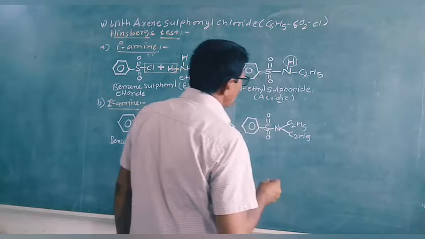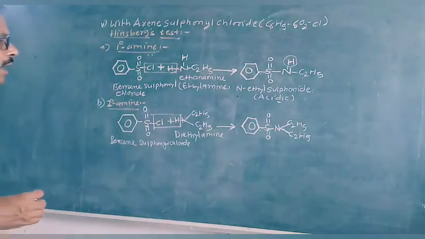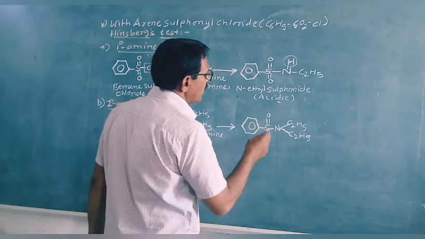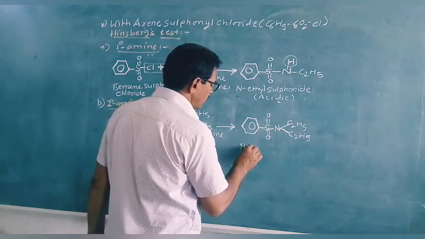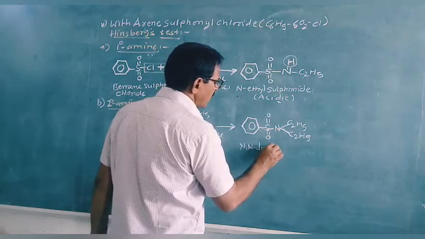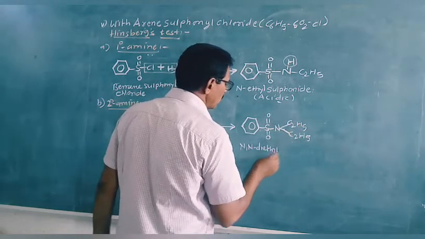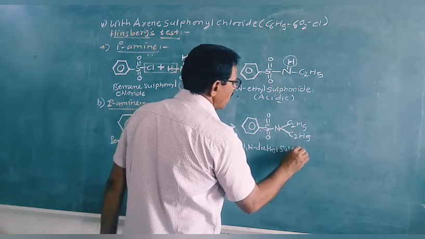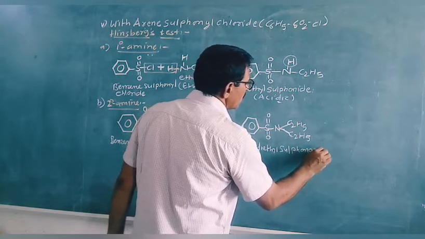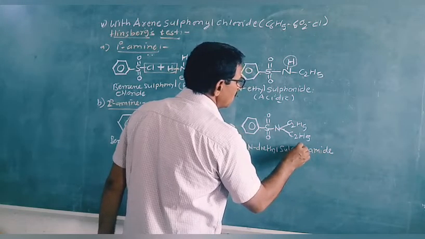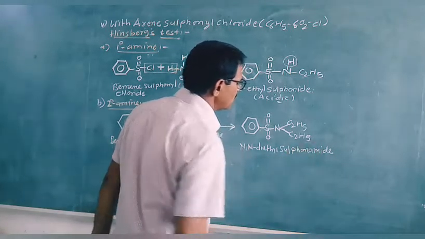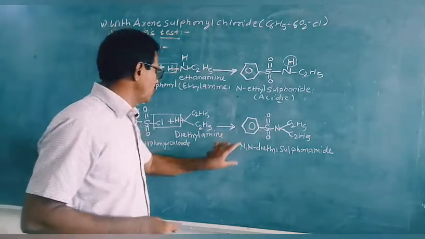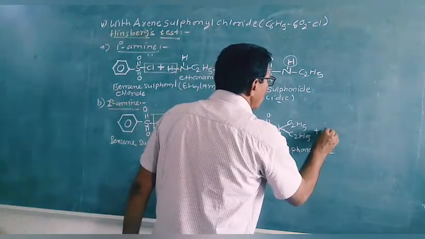It is N,N-diethyl sulfonamide, with nitrogen attached to two alkyl groups, ethyl groups. Therefore N,N-diethyl sulfonamide is obtained plus HCl.